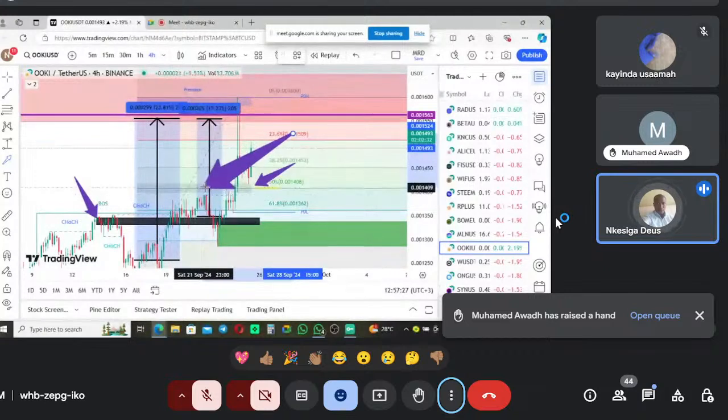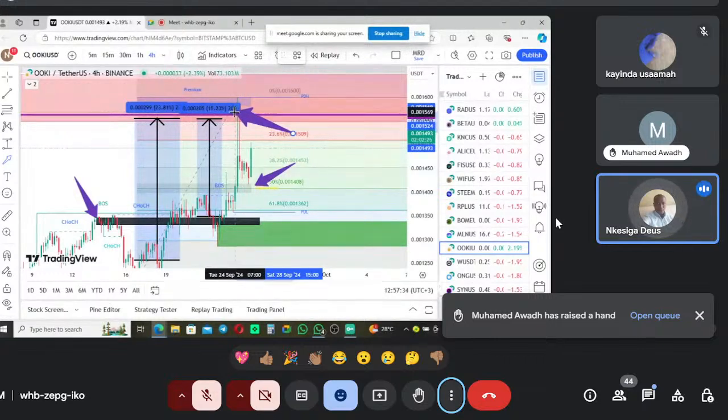Now, for others who missed, I again shared it to take at least 15%. You can see all were successful because I knew that after crossing above the equilibrium, automatically we are going to premium. And by then, premium was around here. So that's why I said, let us take profit before touching. Never know. And we are out.